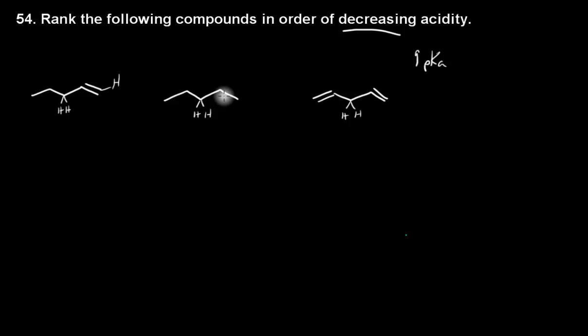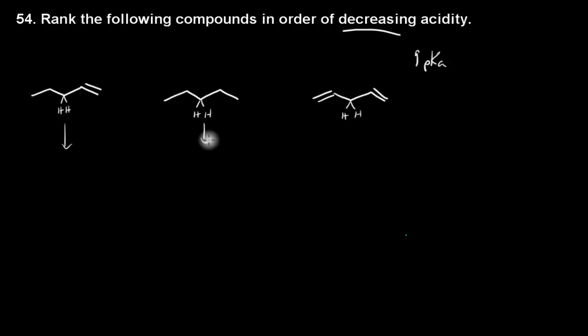So if we tried to deprotonate the sp2 carbon, it would be an apples to oranges comparison. So that's why we're not going to do that. We're going to ignore the hydrogen attached to the sp2 and talk about the hydrogens that are attached to the sp3.